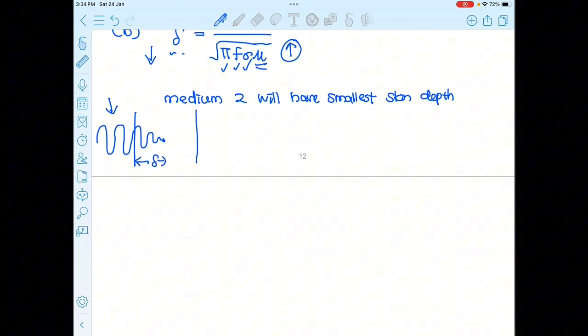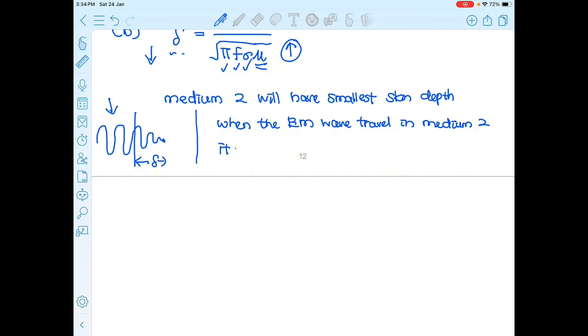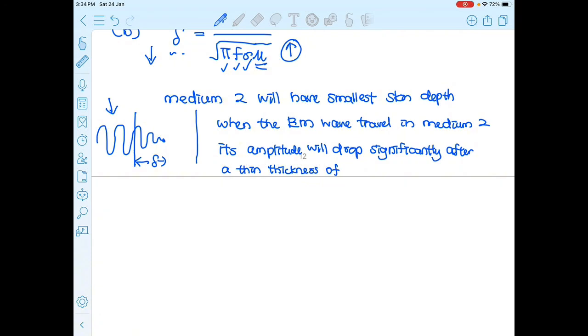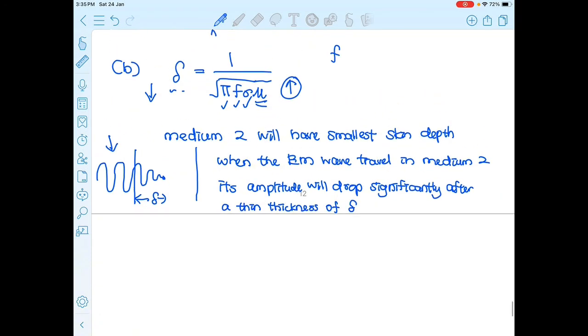So when the electromagnetic wave travels in medium 2, its amplitude will drop significantly after a thin thickness, after a thin thickness of skin depth.